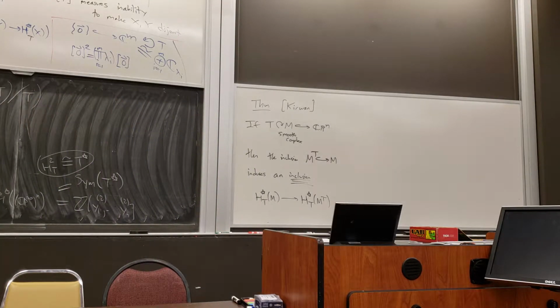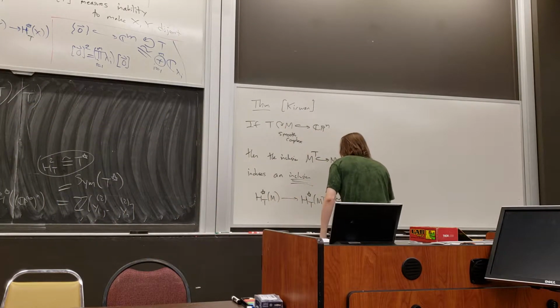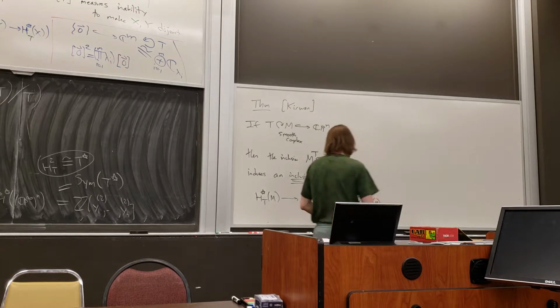I say I've got M cross BT over T, and I want to divide by the T. Well, it's just dividing here. The T wasn't acting trivially on M. So I just get the cohomology of M tensor the H star T. So as an algebra, this is just H star T tensor over Z with the cohomology of M.